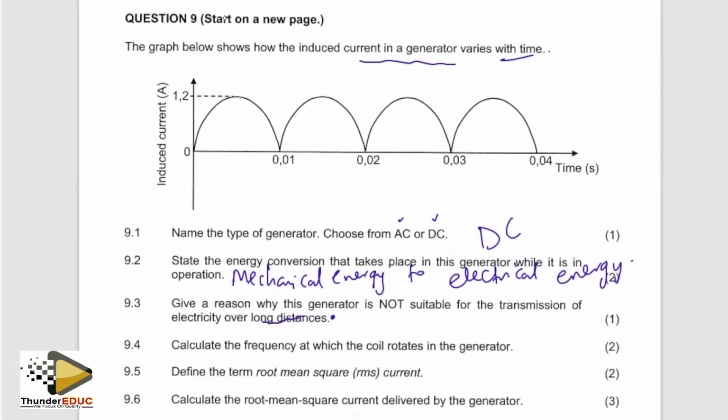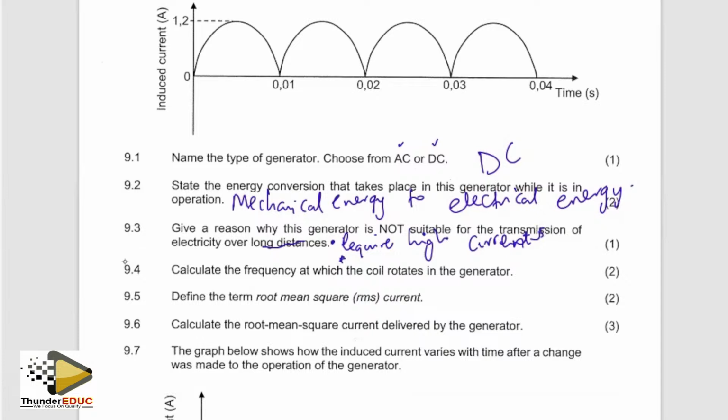That's number one. Number two, it requires high currents to overcome the losses along the way. And number three, DC cannot be easily transformed. It's very hard to transform this DC current into an AC current. That's why it makes it a bit difficult. So just one of the reasons would be good enough.